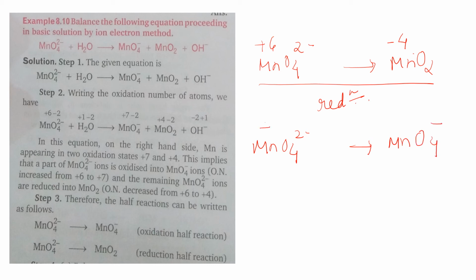Now this is plus 6 to plus 7. So this is undergoing oxidation. Okay, this is undergoing oxidation. So from one MnO4 2 minus only, both the things, oxidation and reduction, are taking place. Okay, now see here, this is the oxidation half reaction, what I have written here, and this is the reduction half reaction.